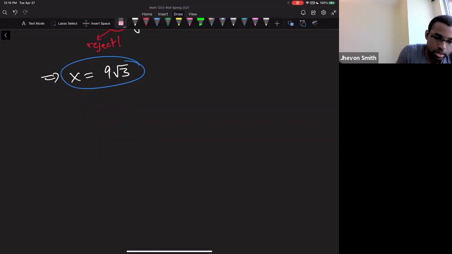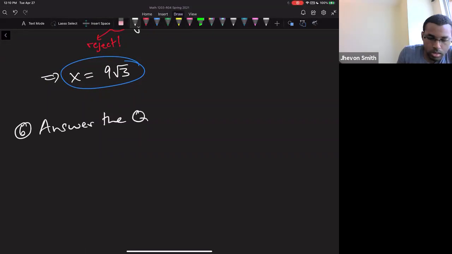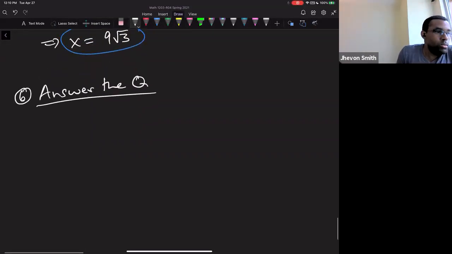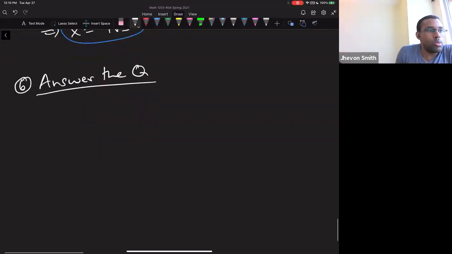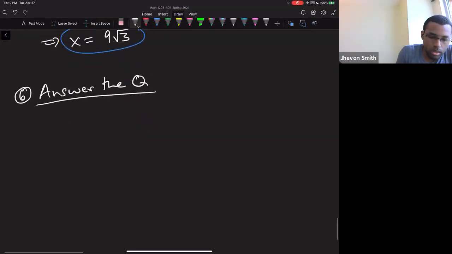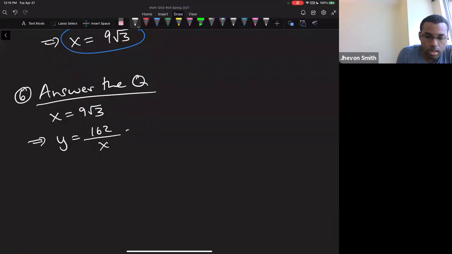So that's step 6. So we want the dimensions. So we know that x equals 9 rad 3. We also know that y is equal to 162 over x.